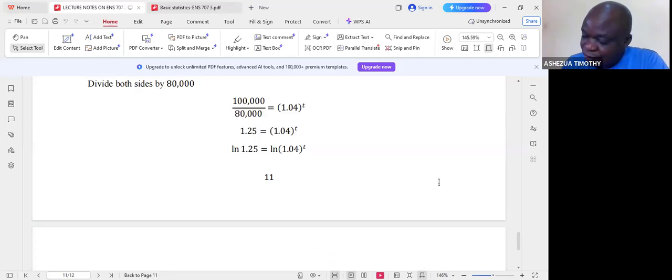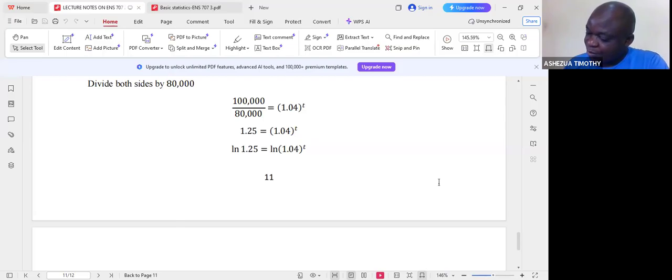1.25 is equal to 1.04 raised to the power t. If I take log on both sides, so I have log 1.25 equal to log 1.04 raised to the power t. So I have log 1.25 equal to t log 1.04.